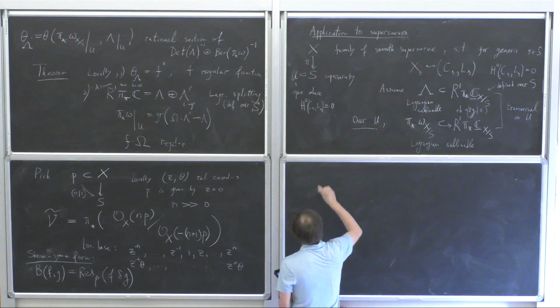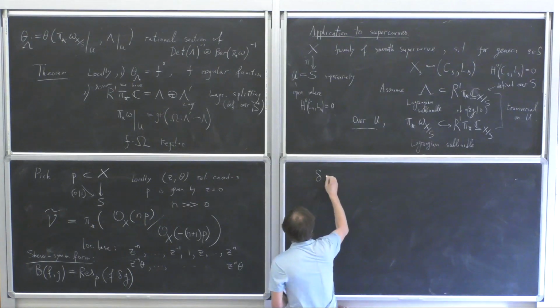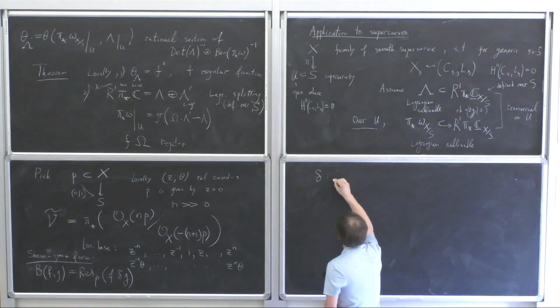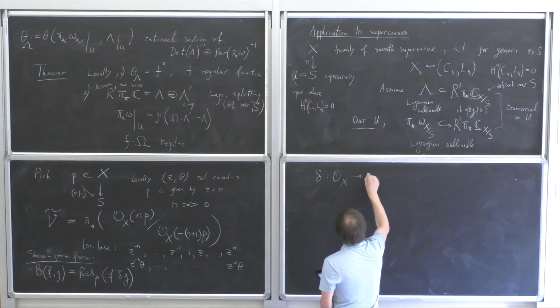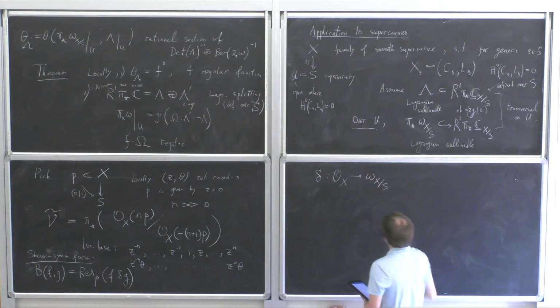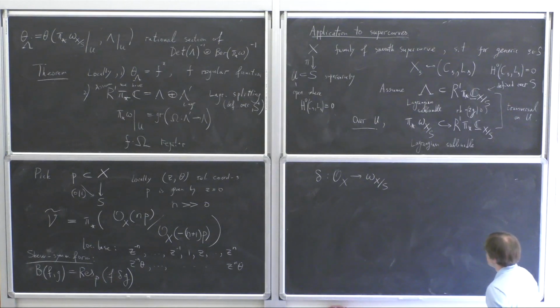Delta is this analog of the de Rham differential that we define using the superconformal structures.